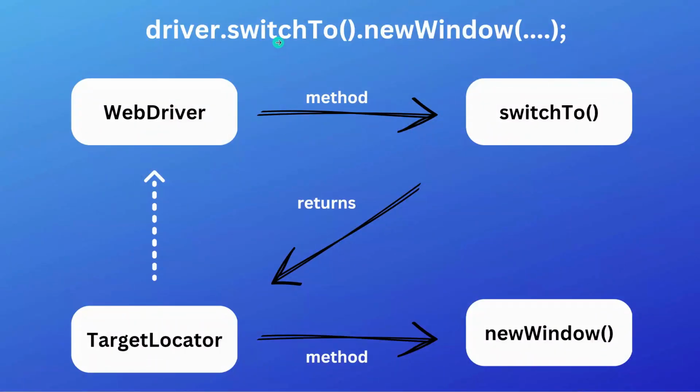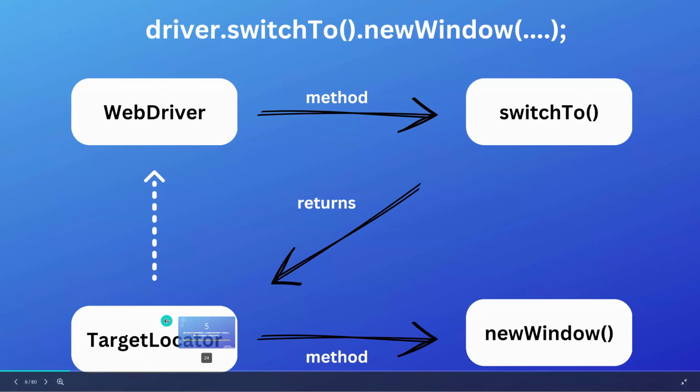So as you can see on your screen, we make a call to the switchTo method using the driver object with a dot operator. Here, the switchTo method is declared inside the WebDriver interface. And this method returns a reference of type TargetLocator. Now, TargetLocator is a nested interface inside the WebDriver interface.